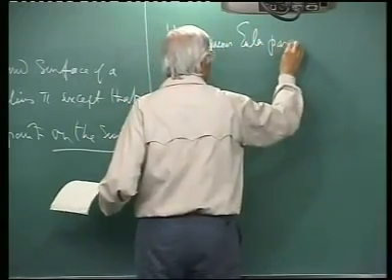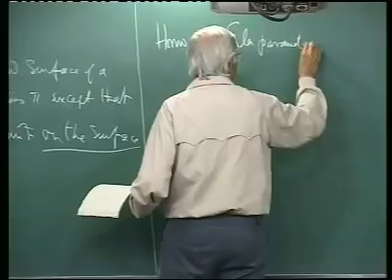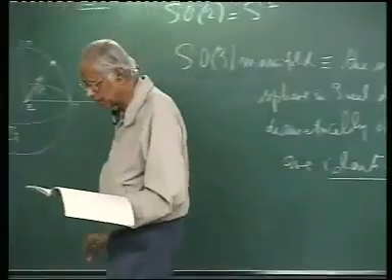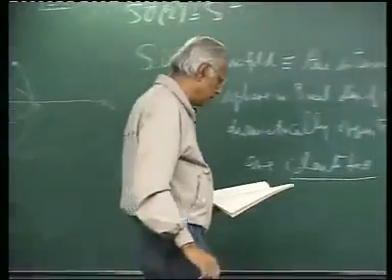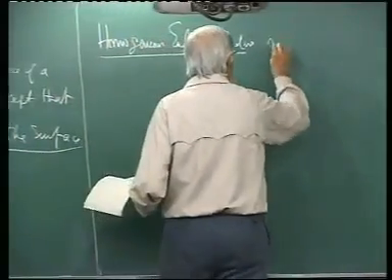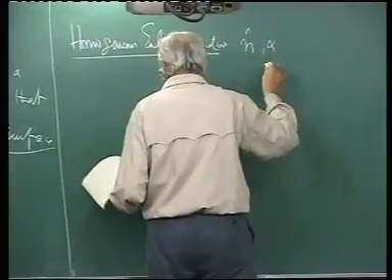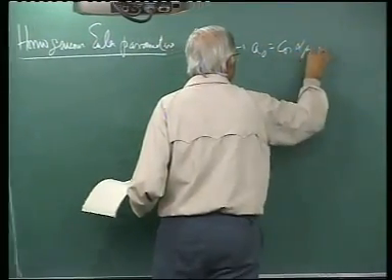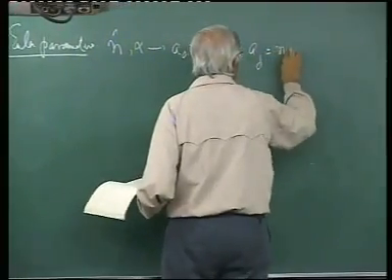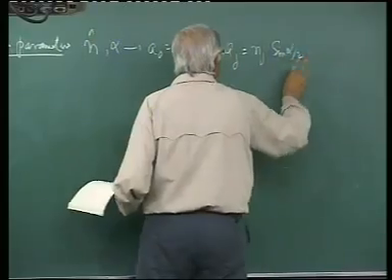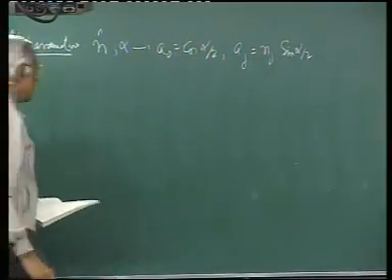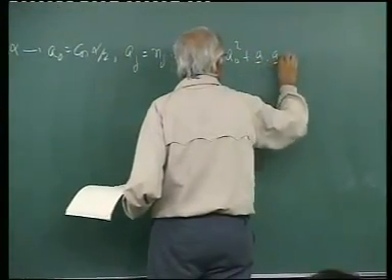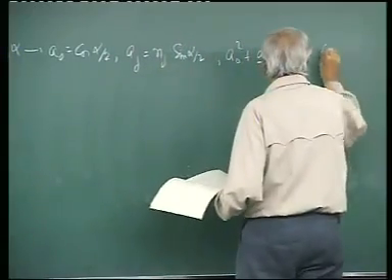The second convenient way of choosing coordinates to describe group elements is called the system of homogeneous Euler parameters, and it is quite neat. What we do is we take the axis angle parameters, and in terms of them we introduce 4 real variables: A0, A1, A2, A3, with the property that the squares add up to 1.